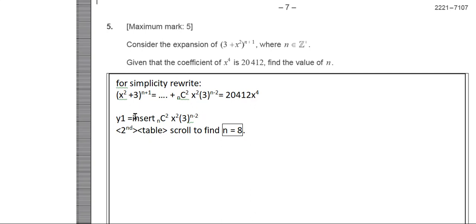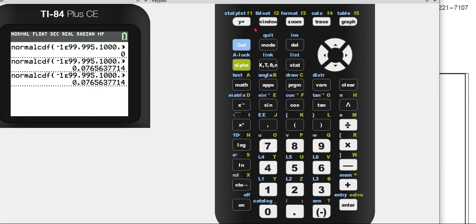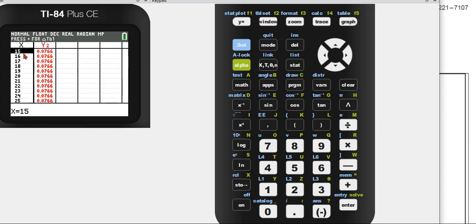You insert x4 into the function. So n will be x actually, and your help will be scrolling the table. So you have the second table, and you can scroll this table and see the values x and y.